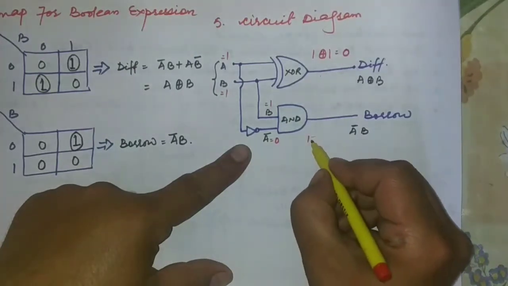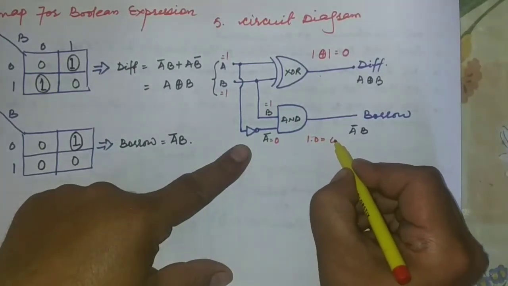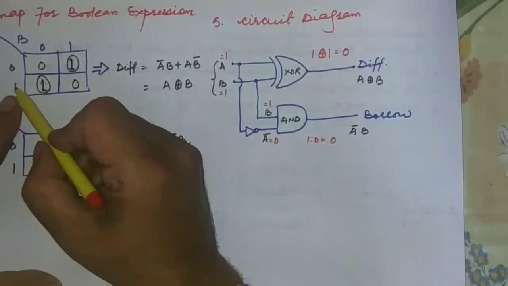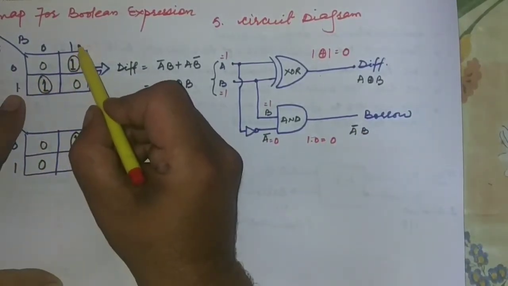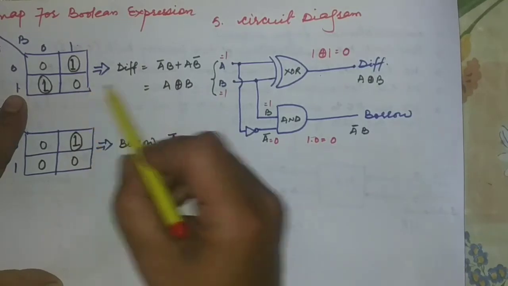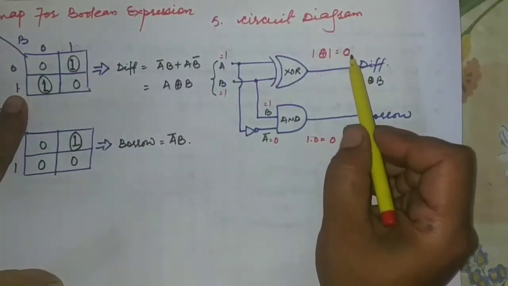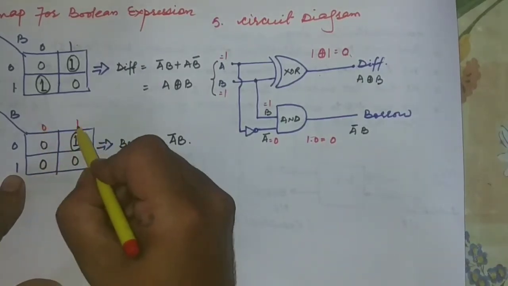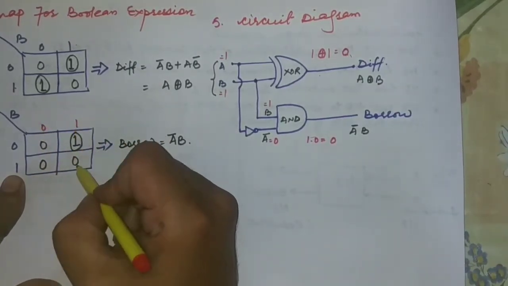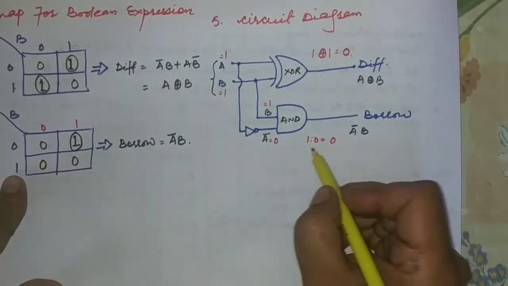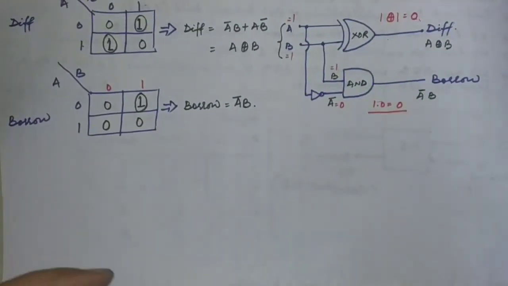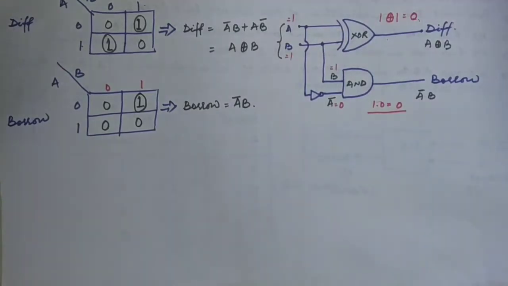So 1 AND 0 is equal to 0. So the borrow is 0. So see, when A is equal to 1 and B is equal to 1, the difference is 0, and the borrow is also 0. So this is the circuit diagram, and we also checked our circuit.